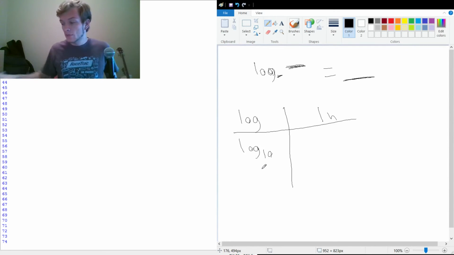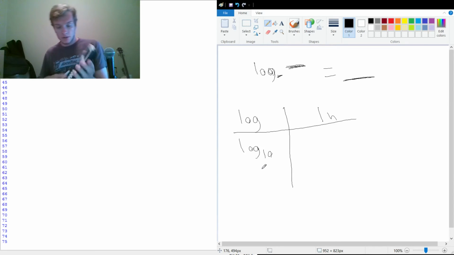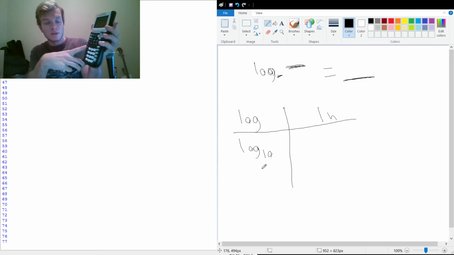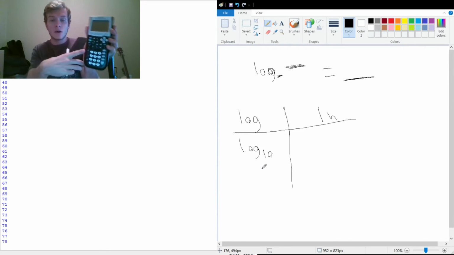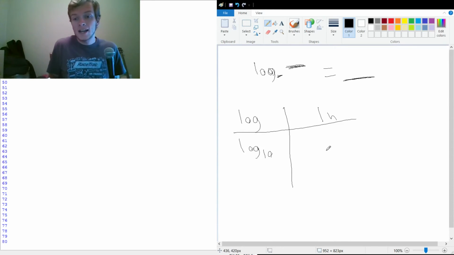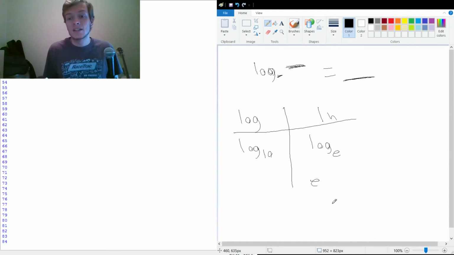It's usually kept on a calculator. I have mine here. Well, it's kind of scratched off, but this button right here says log for logarithm, and right under it says ln, and ln is actually log base e. So then you'd ask, what is e? Well, e is the Euler number. If you know the number pi, it's somewhat like that. It's a constant that comes up a lot in math.